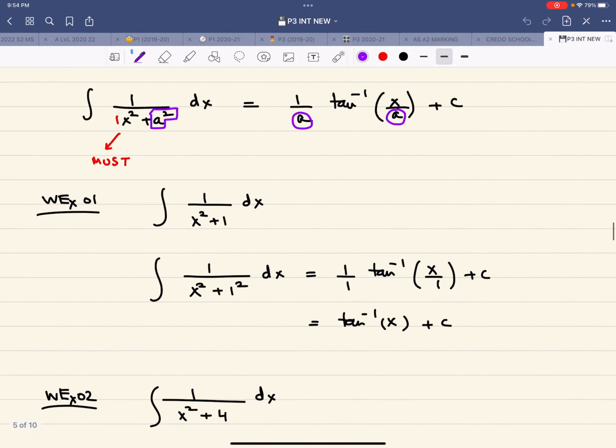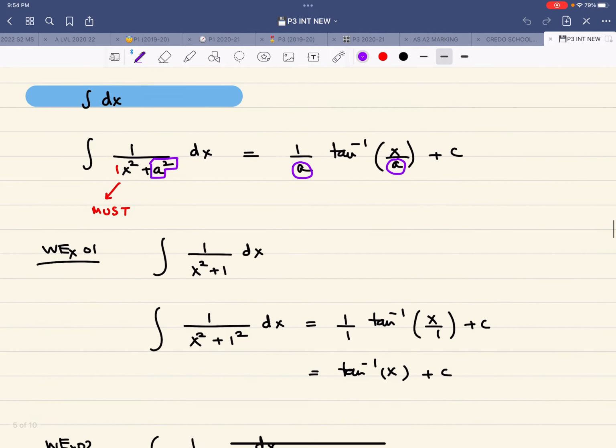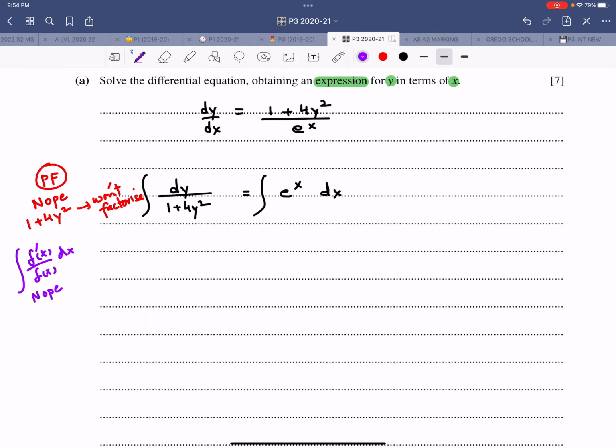Let me show you the formula. When we have 1 over x square plus a square dx, that's 1 over a tan inverse x over a. The coefficient of x square or y square should be 1.